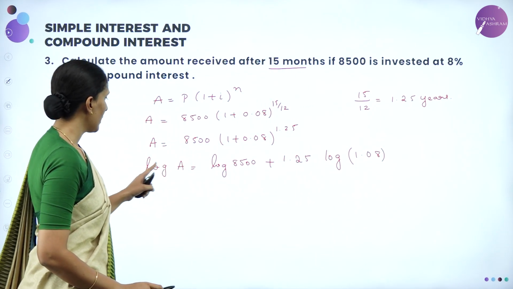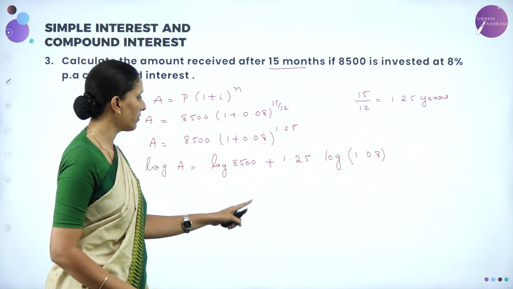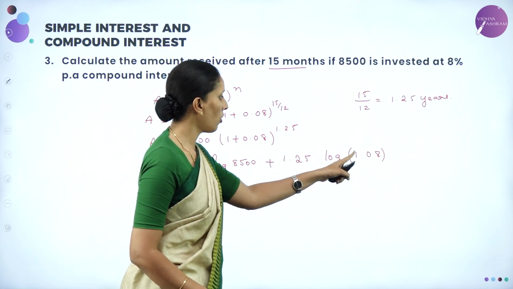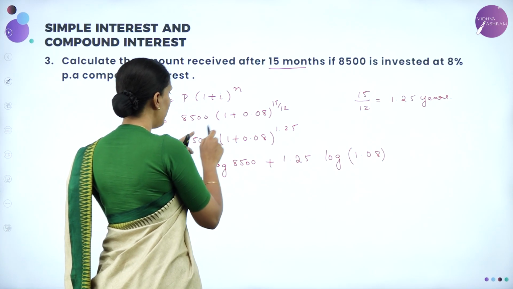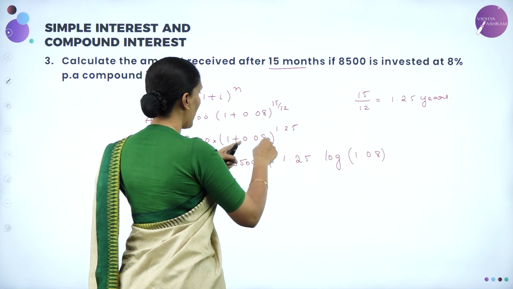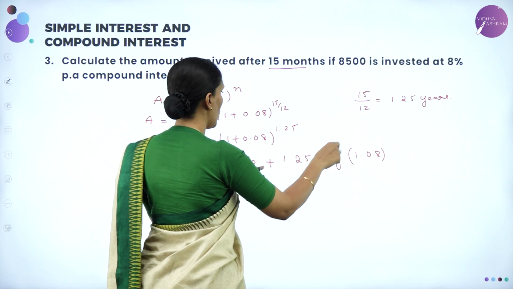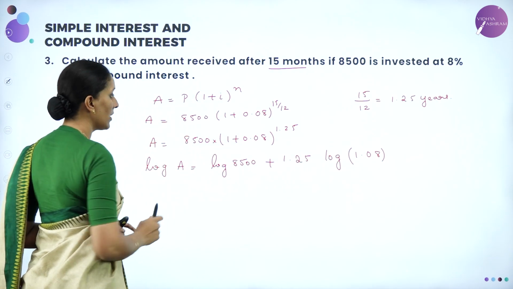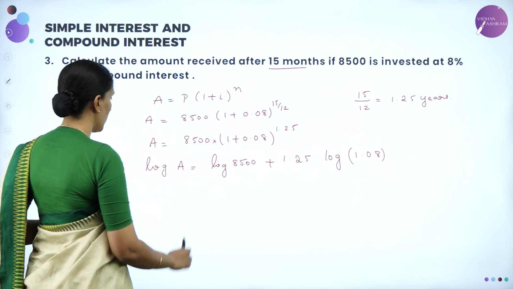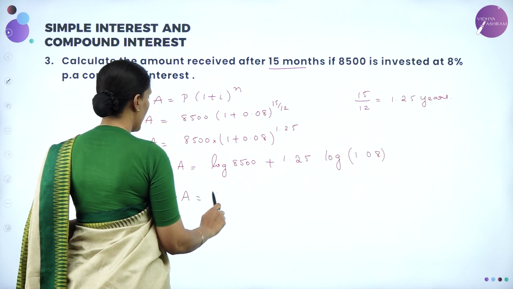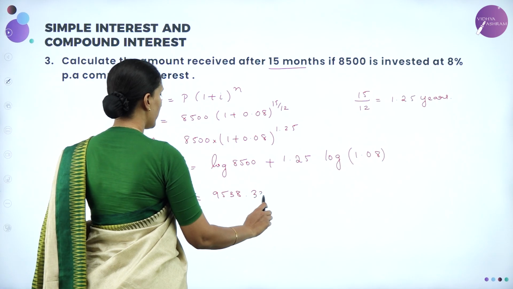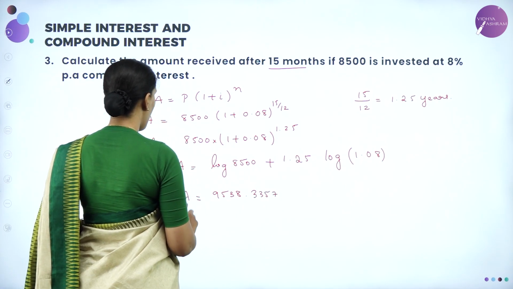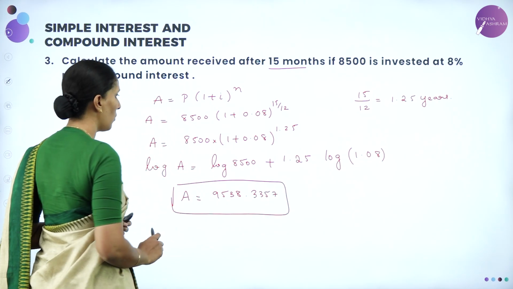So here we can calculate log 8,500, 1.25 log 1.08. So simplifying this, because this is a product, log m plus log n, and this is in the power n, so I can write it as n log m. So simplifying this using logarithmic tables, we will get the value as 9538.3357. So this is the amount we'll get with the help of log.